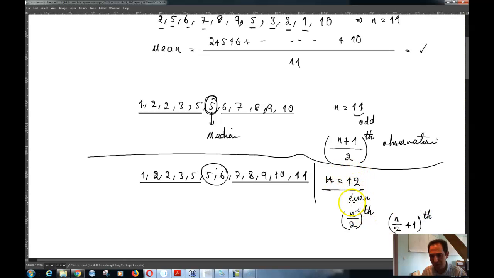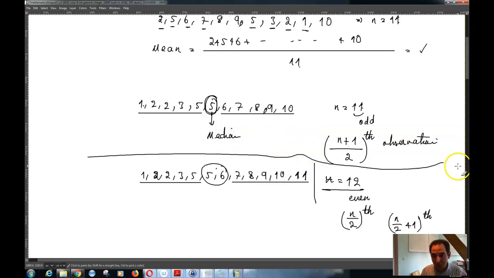Meaning that if n is equal to 12, 12 divided by 2 is equal to the 6th observation, which is 1, 2, 3, 4, 5, 6, and the 7th observation, which is the next one after the 6th. So that is basically how you find the median of a set of observations, ungrouped data.